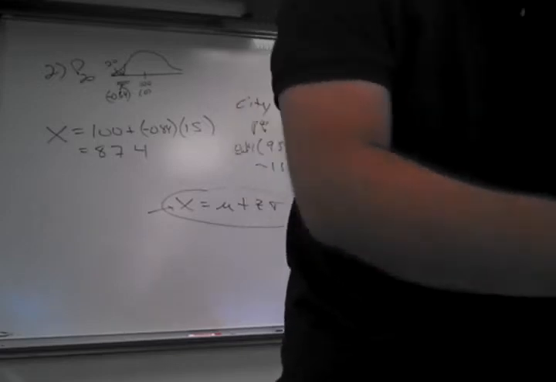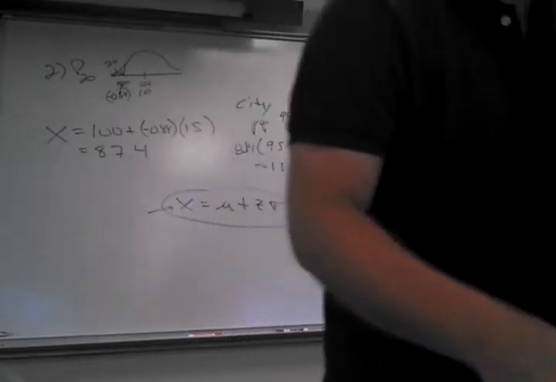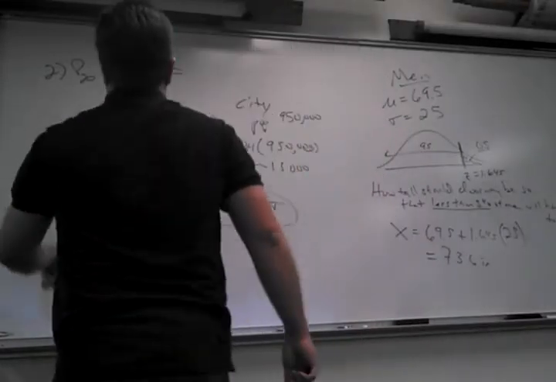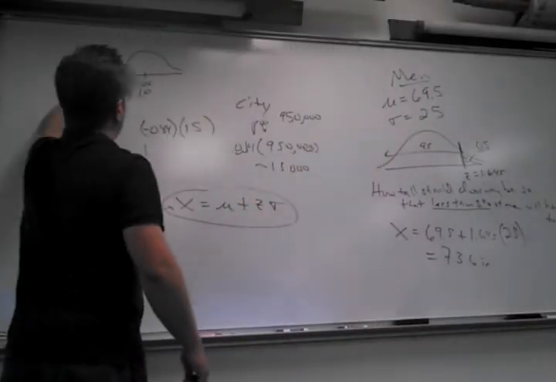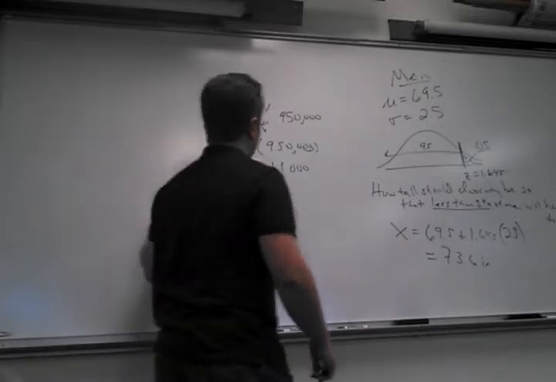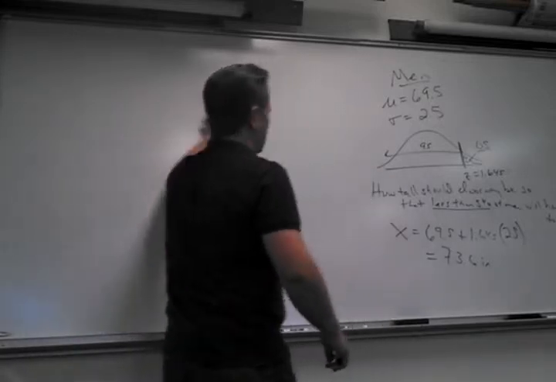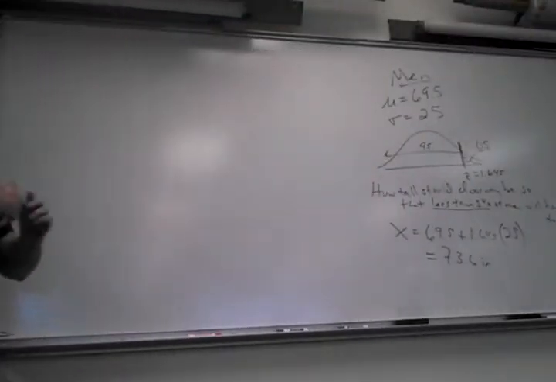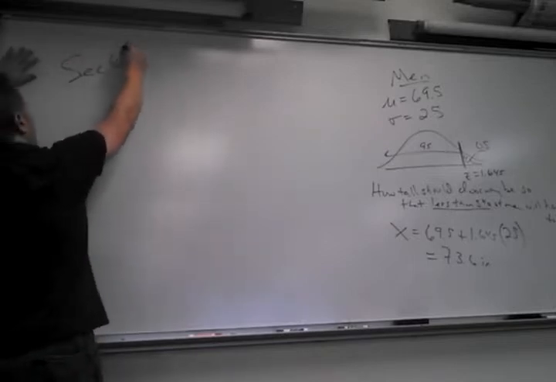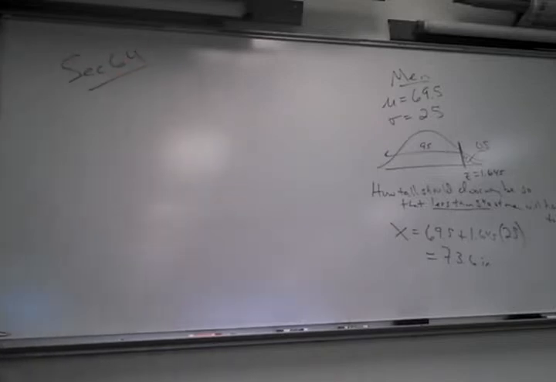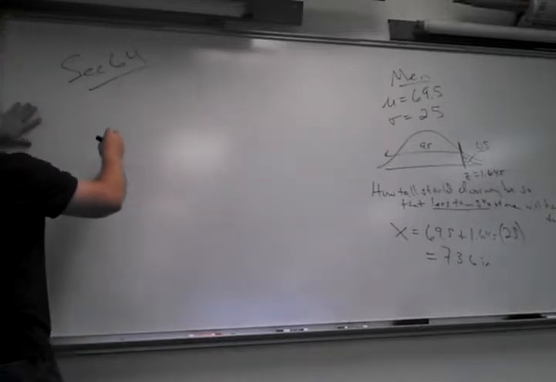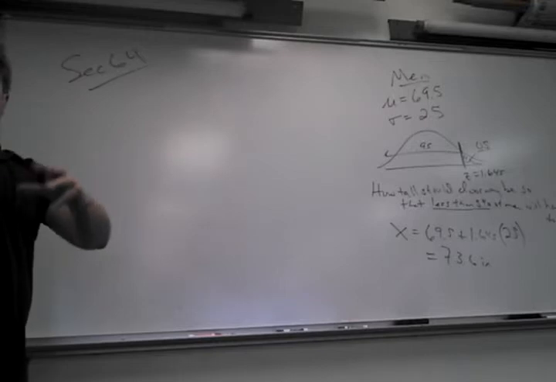So the rest of the class I want to focus on 6.4 and 6.5. To get us into the idea of 6.4 and 6.5, let's do a quick problem based on what I got up here already. And you guys help me really interpret what's going on.